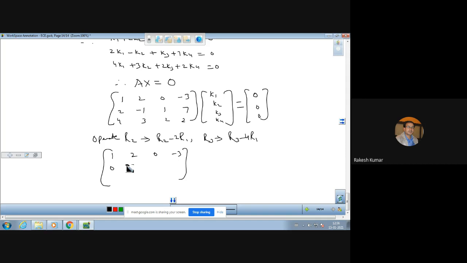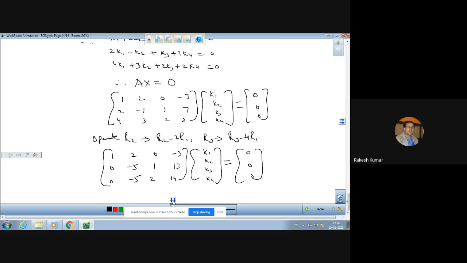This is 0. And this sum also will be minus 5, 1, 13. This will be 0. This will be minus 5 with 2, and this will be 14. So this is K1, K2, K3, and K4. And this is 0, 0, 0. Column matrix is there.